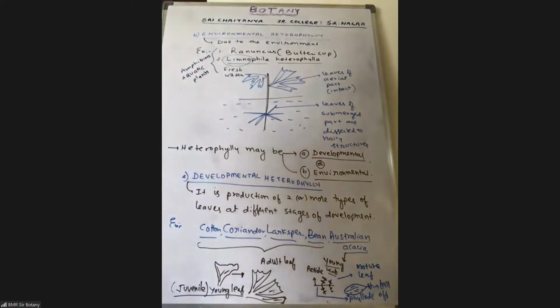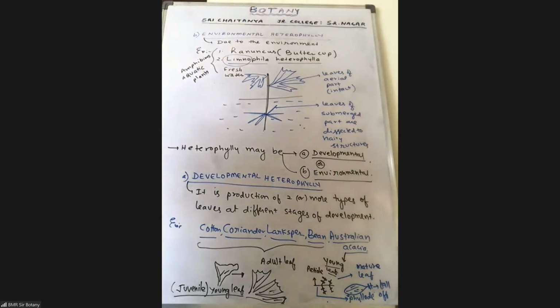If you remember from the ecology chapter of first year, hydrophytes were of different types, Nana. Free-floating aquatic plants, submerged rooted aquatic plants, submerged suspended aquatic plants, like that. One type was amphibious plants, which are partly in water, partly aerial. Two examples: ranunculus, buttercup.